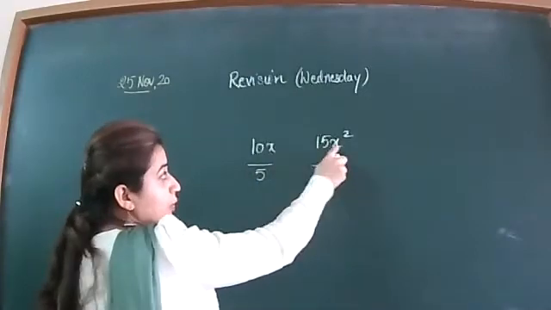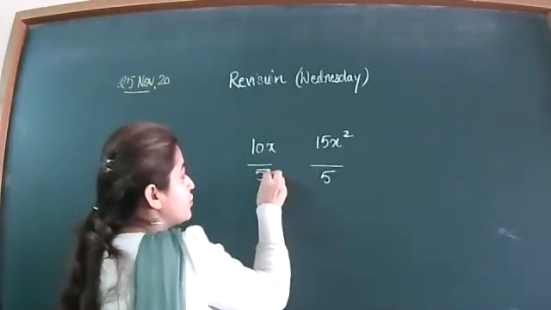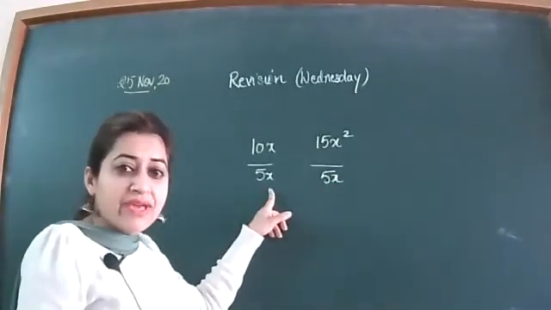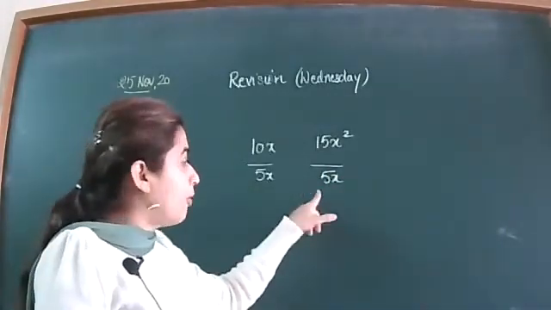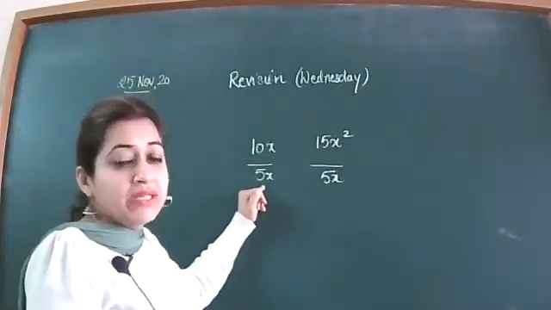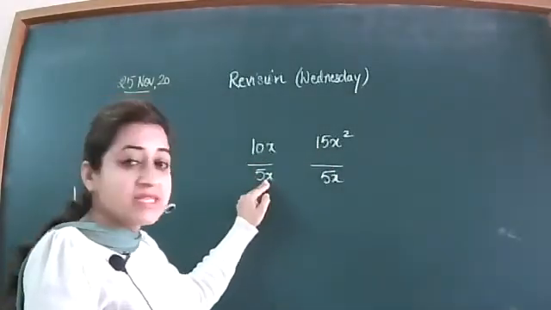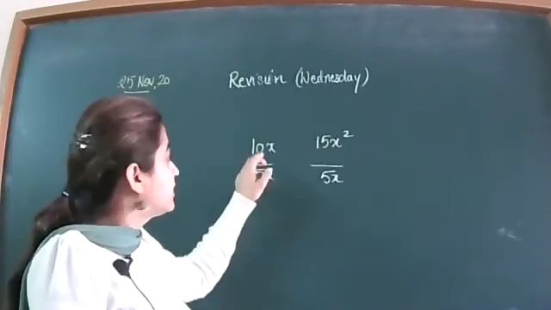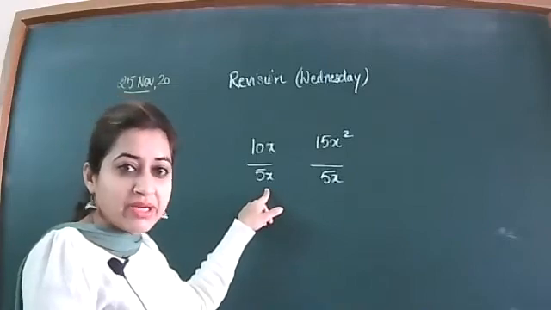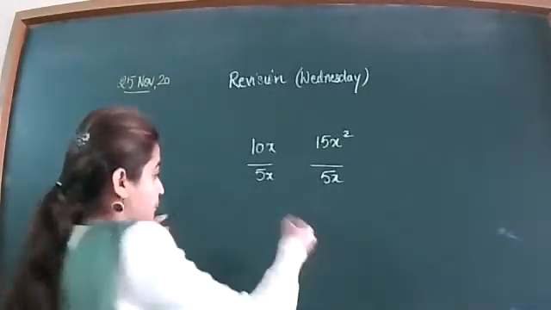But here in the question you have x also. If you write x with both the numbers, that means 5x will be the greatest common divisor of these two numbers. 5 can be a factor, but 5x is the greatest common divisor that can divide both the numbers. So the GCD, greatest common divisor, is 5x.